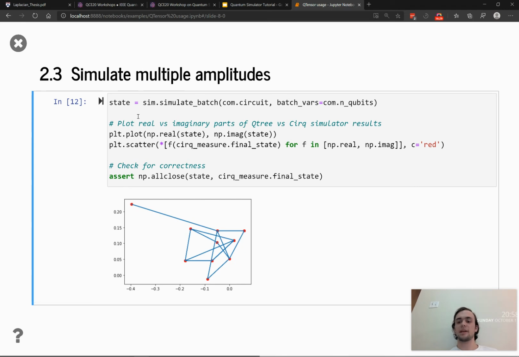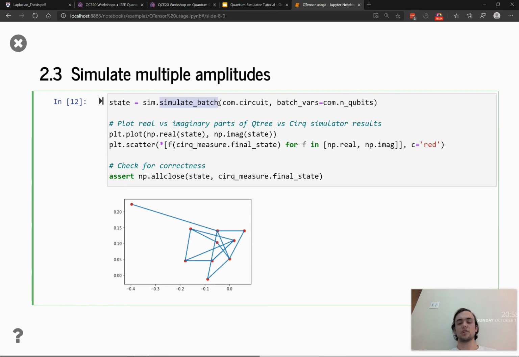If we want to simulate several amplitudes in QTensor, we want to use simulate batch, which is specifically because we use the tensor network approach. Simulate is equivalent to contract, and if we contract the full tensor expression, if every node is eliminated from our tensor expression, this means that we are left with a scalar.